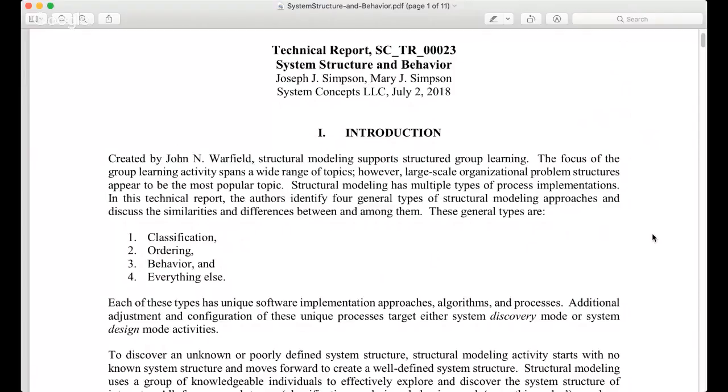And then the behavior area is an area where it's popular to apply behavior types of ideas between 2 objects in a system.